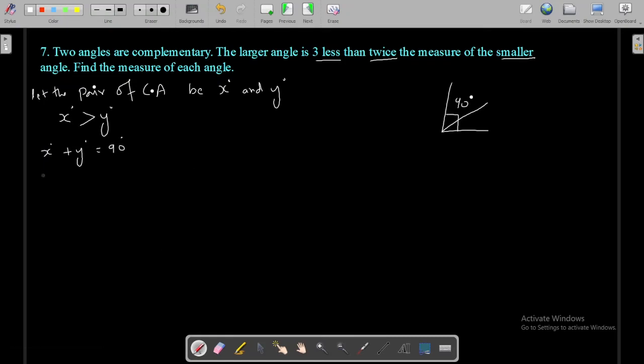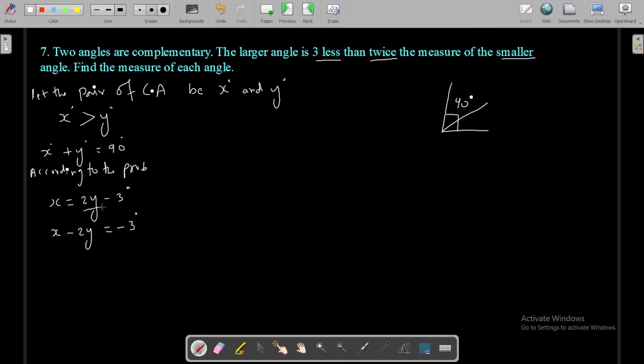So according to the problem, we can say x is equal to 2y minus 3, or x minus 2y is equal to minus 3 degrees.